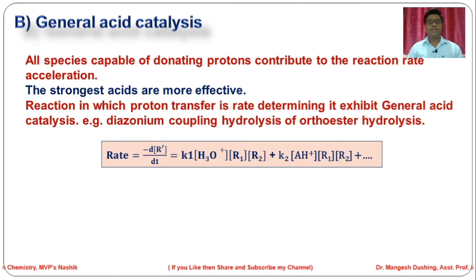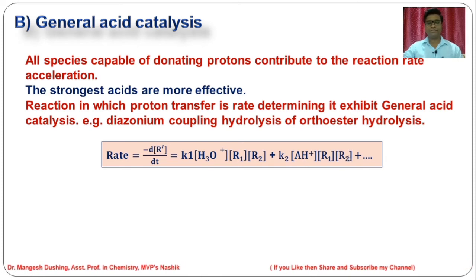The rate is equal to K1 into the concentration of H3O plus into the concentration of reactant 1 and into the concentration of reactant 2, plus the rate constant of the second, K2, into the concentration of acid into the concentration of reactant 1 into the concentration of reactant 2. So, the rate of reaction is directly proportional to the species which are capable of donating the proton.